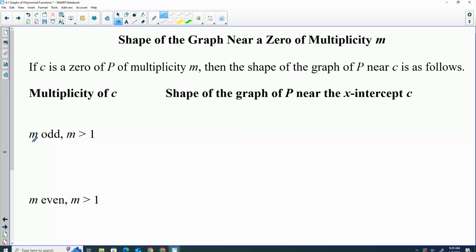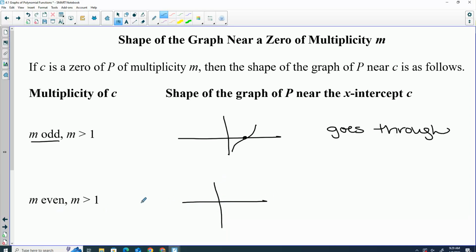So it turns out if the multiplicity is odd, the graph will always go through our x-intercept. So if this has an odd multiplicity, the graph's just going to hit it and go through. But when it has an even multiplicity, what will happen is we'll hit it and bounce off.